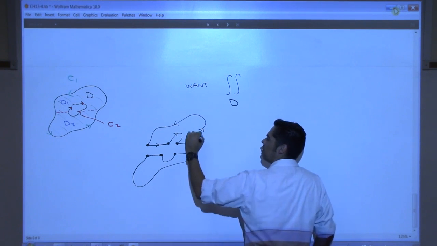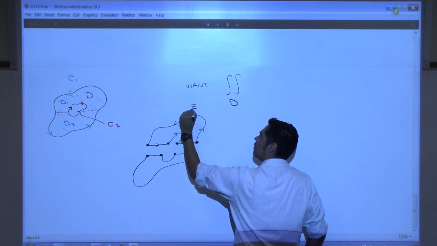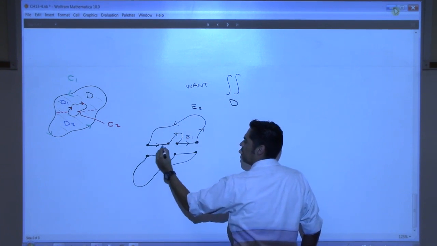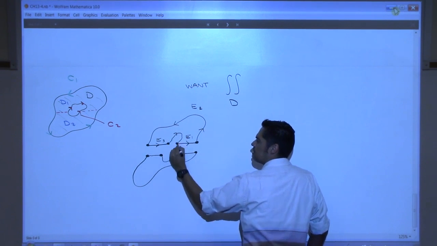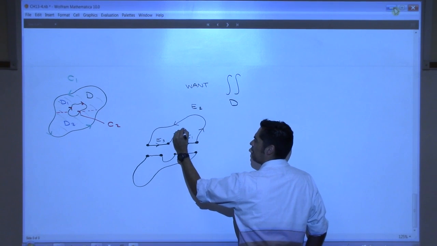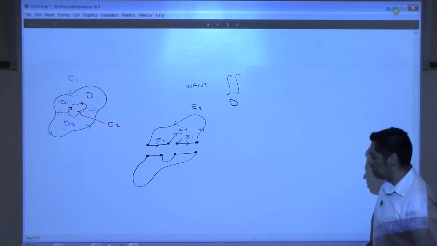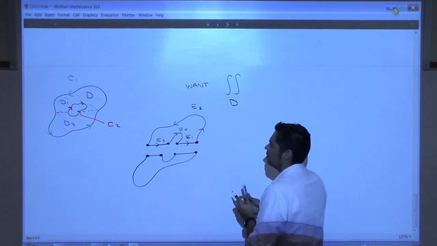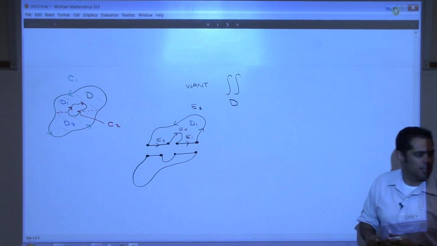Let's call the path that goes all the way around like this to that point E2. The path that goes from here to here, let's call that E3. And the path that goes in this little circular shape here, E4. You with me? The region inside, remember, this piece in here is D1, isn't it? That's D1 inside.